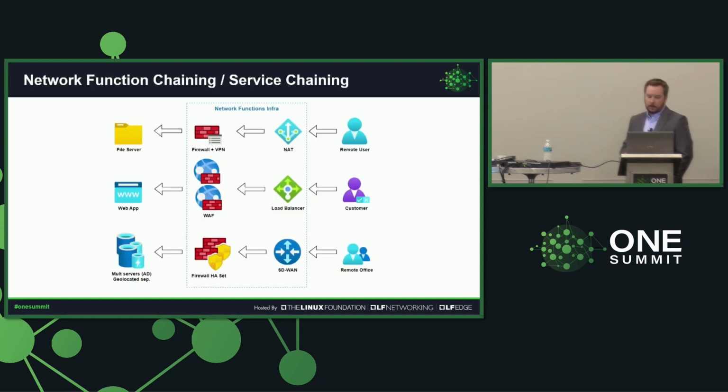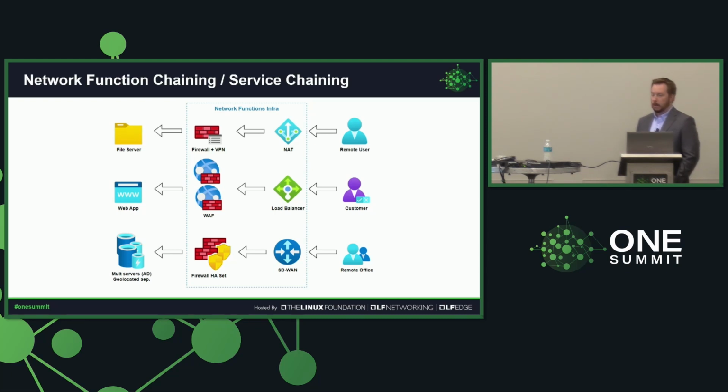Now, I promised you we'd talk a little bit about service chaining. So this is a somewhat overly simple example, admittedly, but I want to start here just for the sake of illustrating the concept. So whether you have remote users, external customers, or remote office users, maybe a whole cadre of them, they need to access ultimately resources on the left side, file servers, web applications, say Active Directory servers, databases, whatever it may be.